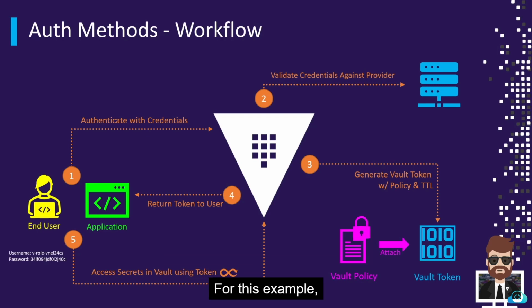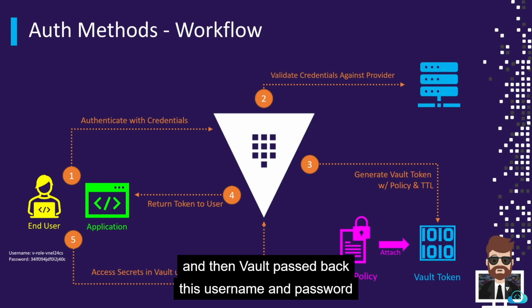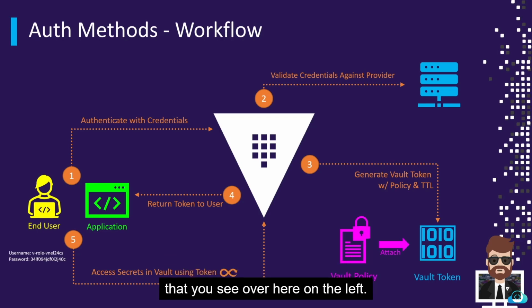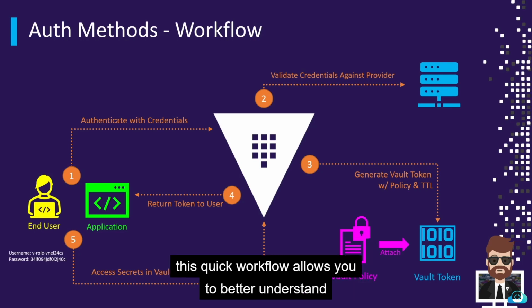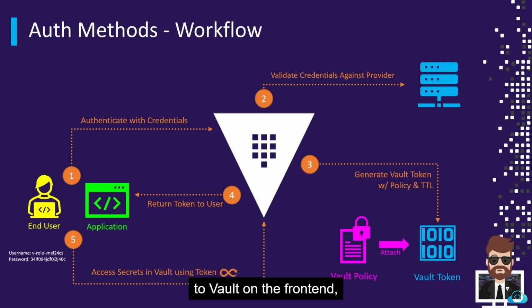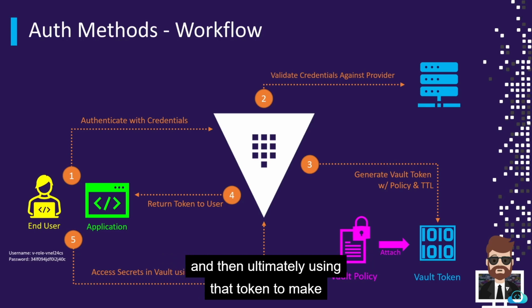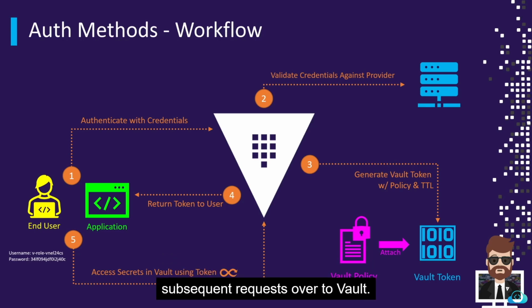So for this example, maybe the end user made a request to Vault for some credentials, and then Vault passed back this username and password that you see over here on the left. So hopefully this quick workflow allows you to better understand how an end user or an application goes from authenticating to Vault on the front end to actually retrieving a token on the back end and then ultimately using that token to make subsequent requests over to Vault.